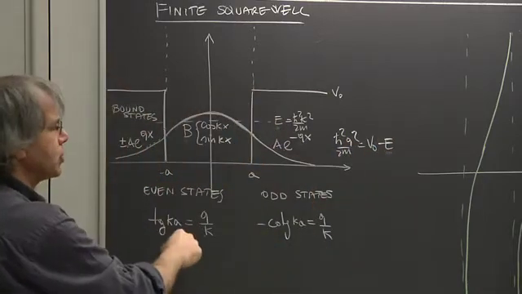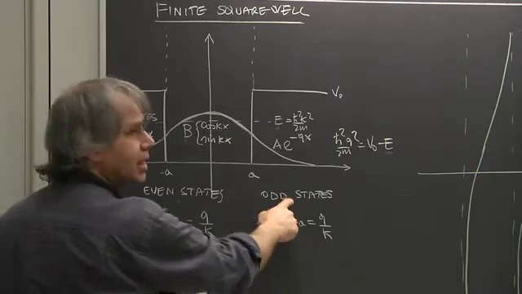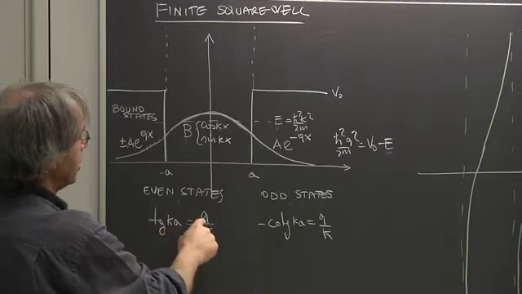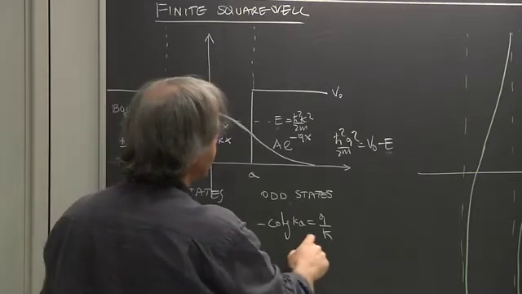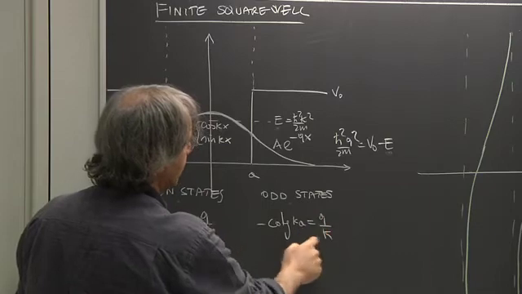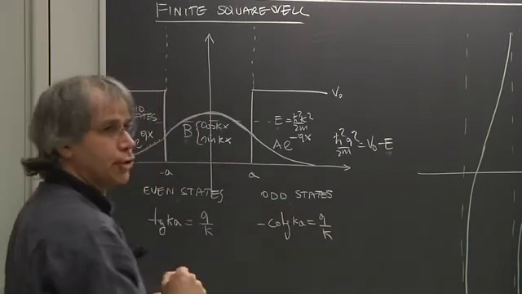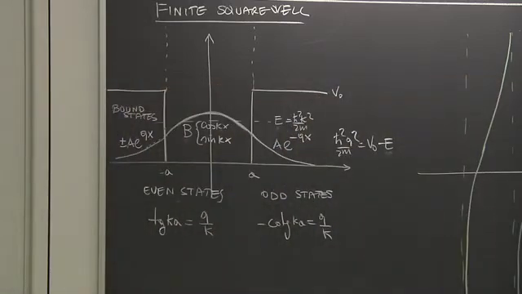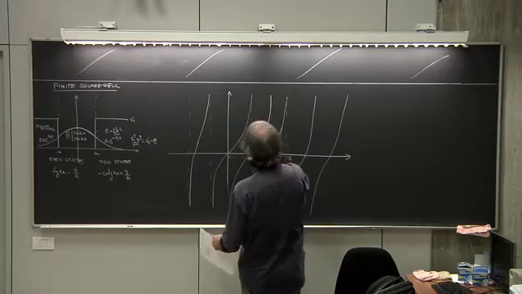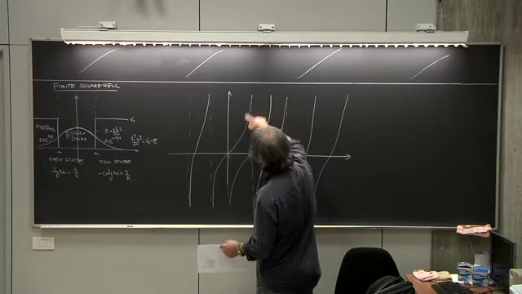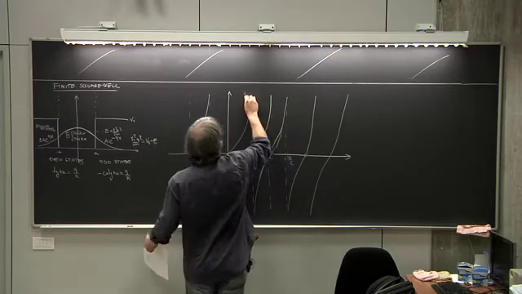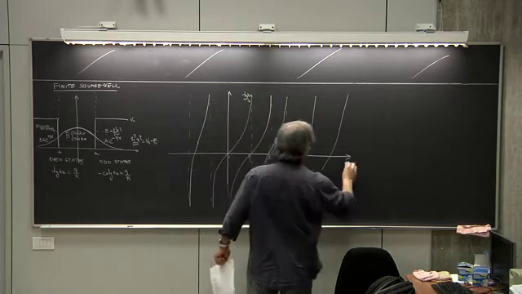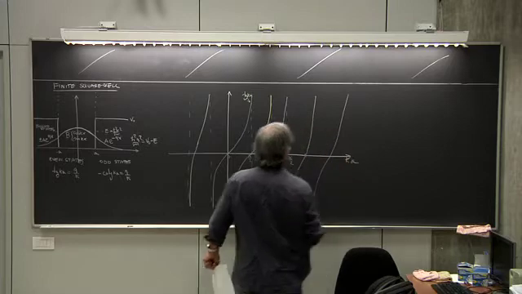Now, the two equations for the even and odd states are very, very simple. In one case, I have tangent of Ka equal to Q over K. In the other case, the same quantity, Q over K, is equal to minus the cotangent of Ka. Here I draw the tangent of Ka in green, and this is Ka.